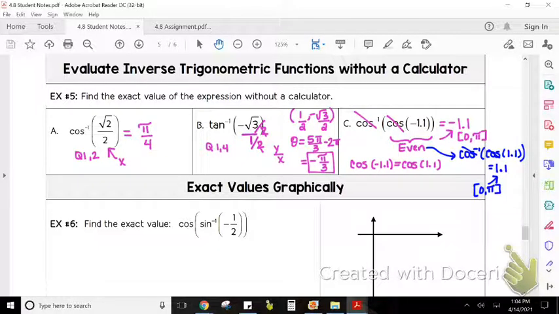Well, pi is 3.14, isn't it? So is 1.1 between 0 and 3.14? It is, so our answer is going to be 1.1. This one didn't fit, so we didn't use it. So basically, you can just flip that. You don't even have to rewrite it, though, do you?